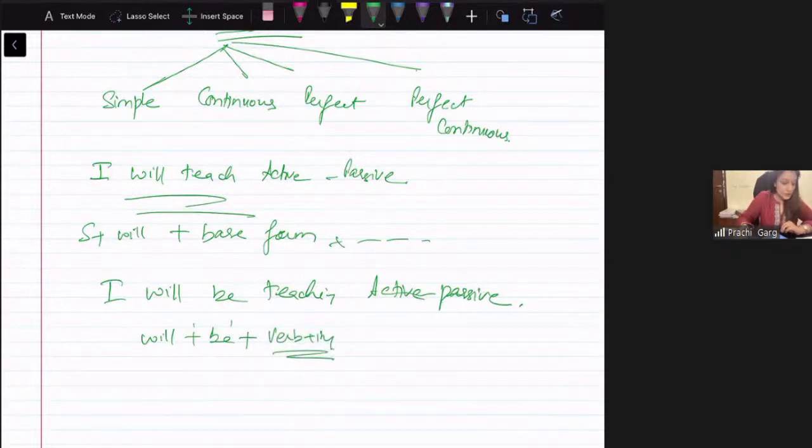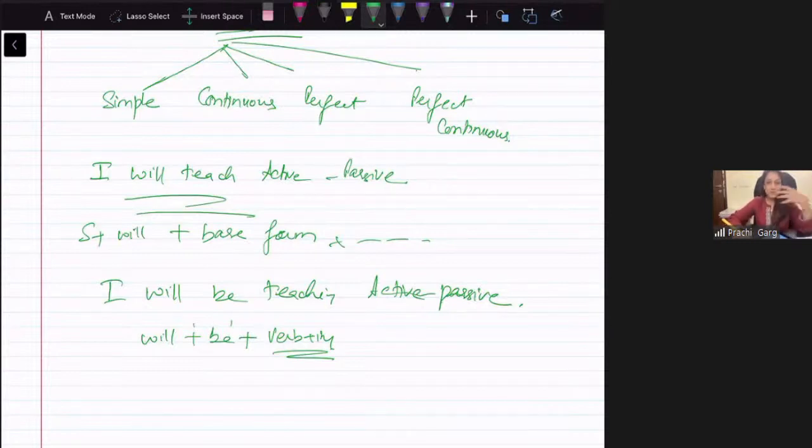Clear? And when do we use continuous? We use continuous to indicate what will be going on at some time in the future. So we are trying to indicate that when this action takes place, it will be going on for a while. I will be teaching active passive.